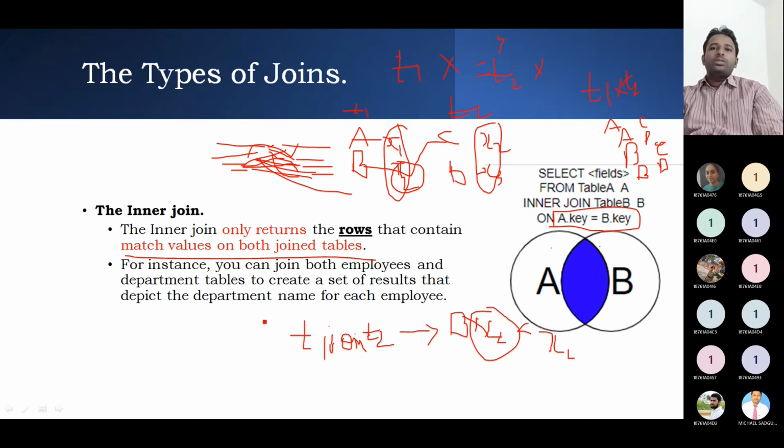Okay. So that's what, for suppose employees and a department. If you join, for each and every employee, there will be a department number in which he or she is working. Okay, in department table also there will be a number for each department. So along with employee details, department details can be combined, can be joined together, where the department of the employee is equal to the department number within the department table.